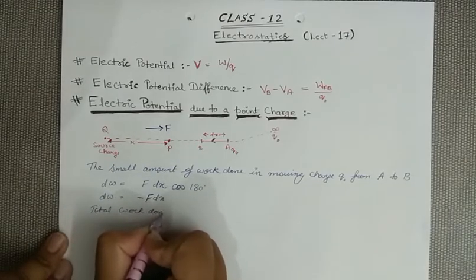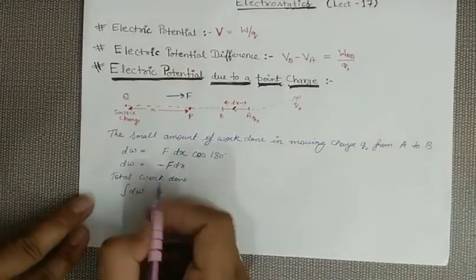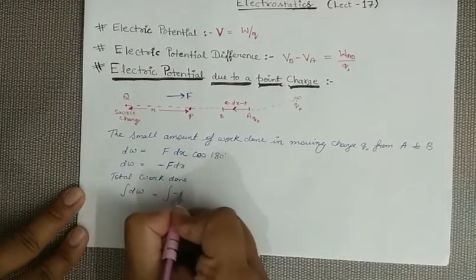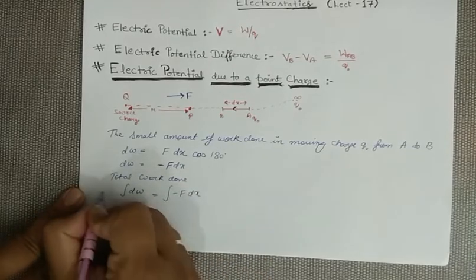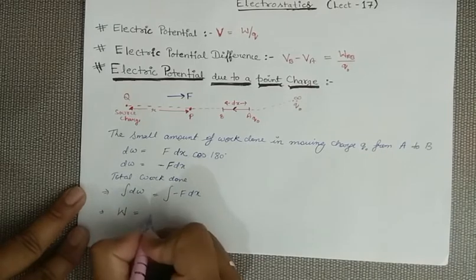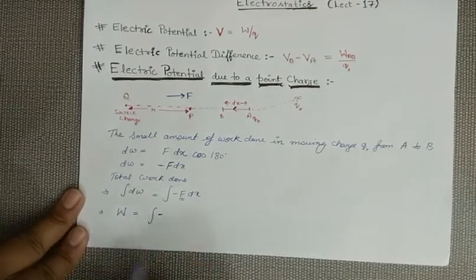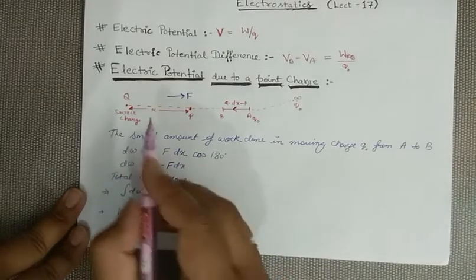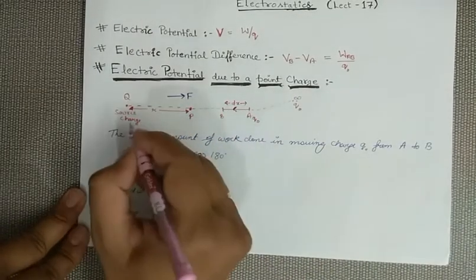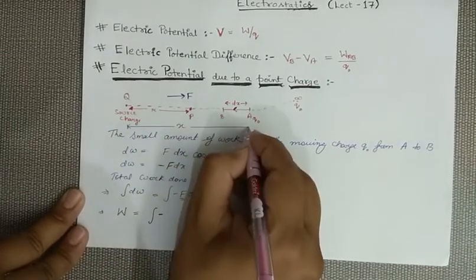In order to find total work done, we integrate both sides. Integration of dW equals integration of minus F dx, which gives the total work done W. F stands for force. Now what is the force? The force between the two charges, capital Q and small q. Let this distance be x.